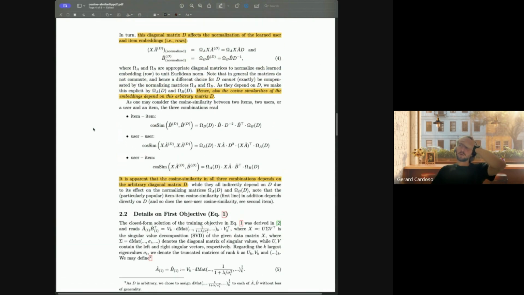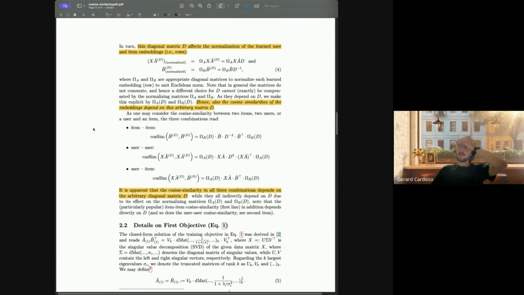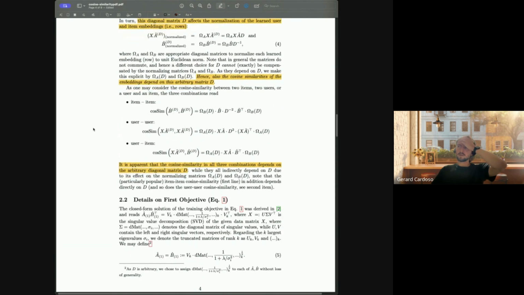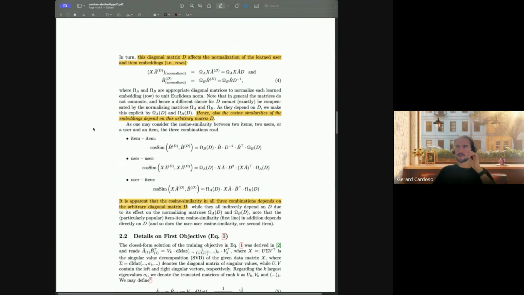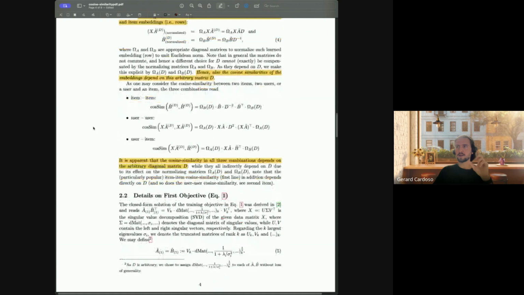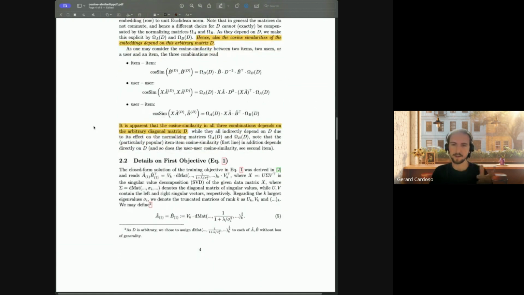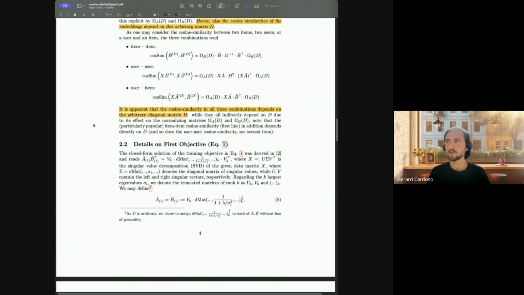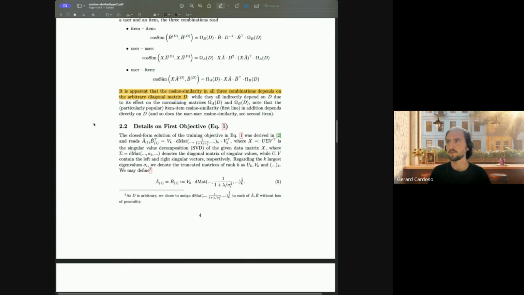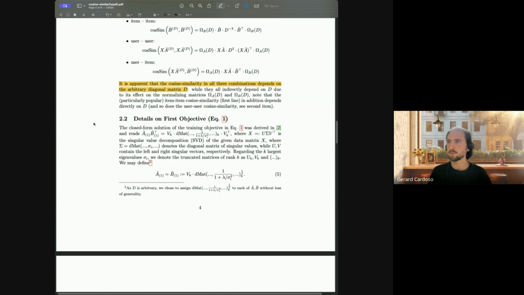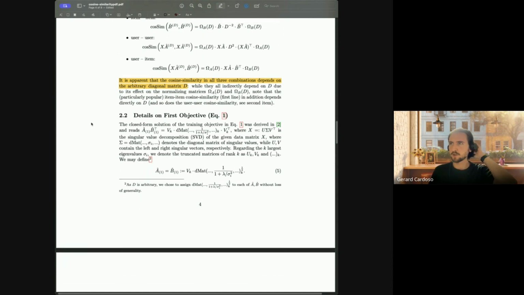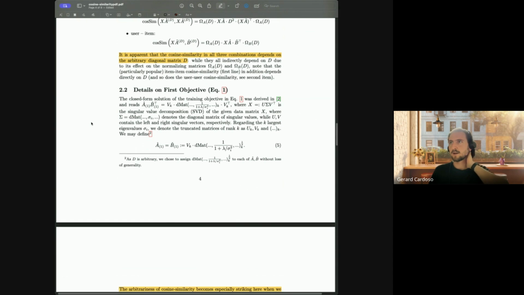So going back, with the first objective, they show that if you have an arbitrary diagonal matrix D that scales the solution to the matrix factorization A and B, then the cosine similarity depends on that. They have an experiment where they demonstrate this, and it's fairly easy to code up given the simplicity of matrix factorization.